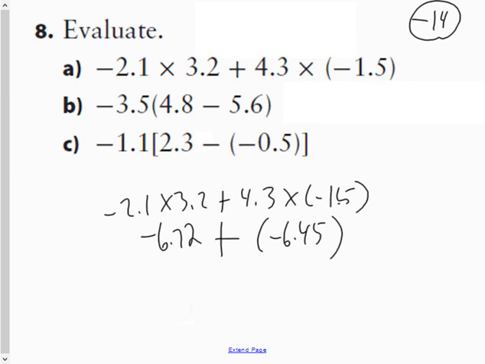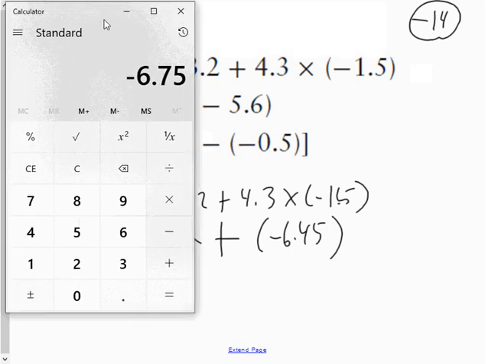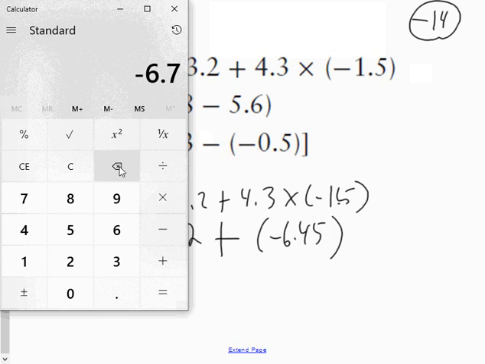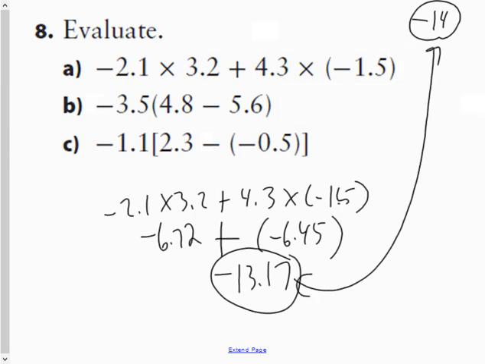Add those two together. Negative 6.72 plus 6.45 negatives equals negative 13.17 is the calculation. My estimation was negative 14. Bob's your uncle. That was pretty close.